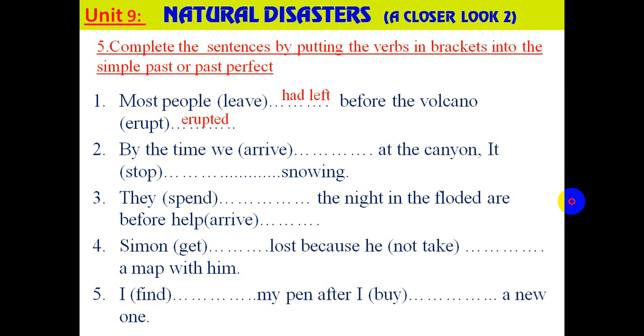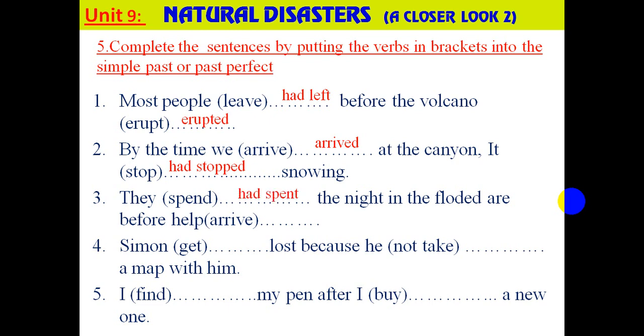Number 2, by the time we arrived at the canyon, it had stopped snowing. Trước lúc mà chúng tôi đến tại canyon, thì trời đã ngừng, tuyết đã ngừng rơi. Vậy thì tuyết ngừng rơi từ trước lúc chúng tôi đến.